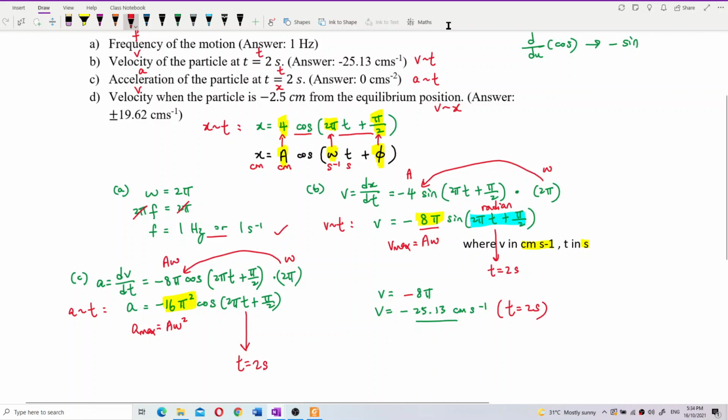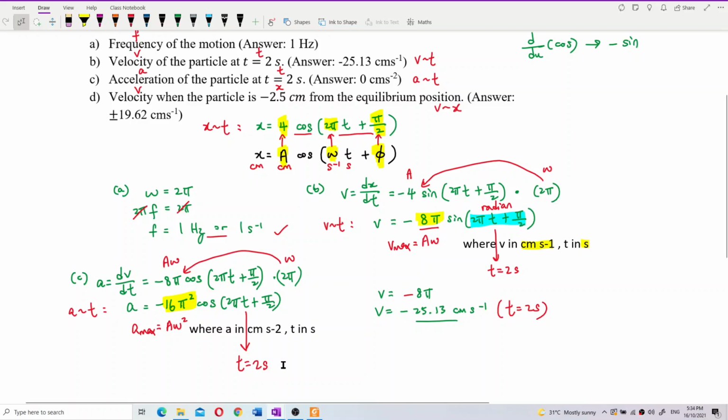You must write the unit also. Be careful, you must write the unit. This is acceleration, the unit is centimeter per second square. Follow the displacement. And don't just write the equation, you must write the unit also.